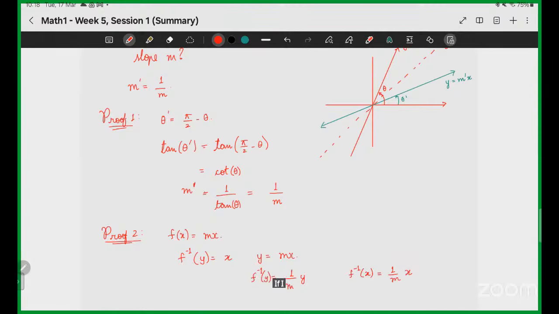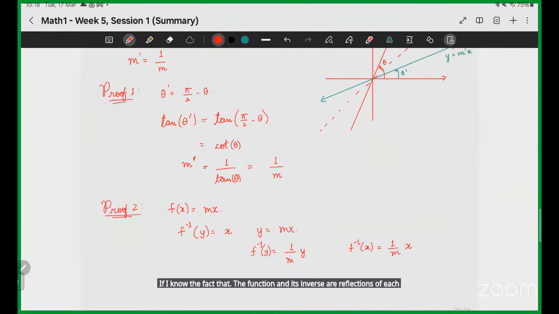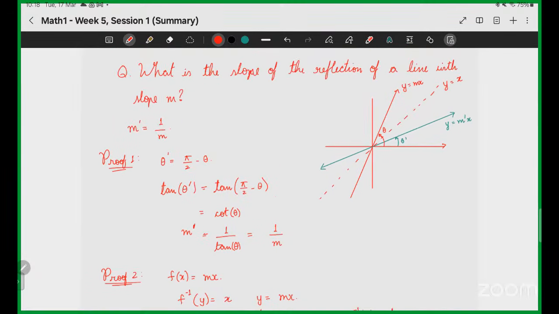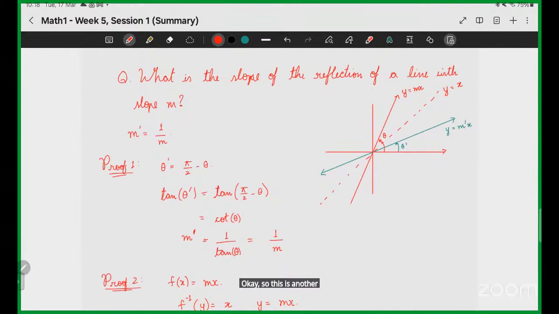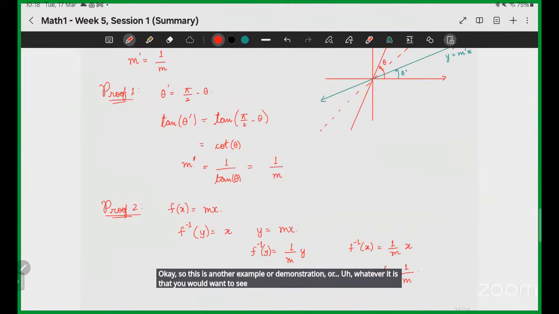If I know the fact that the function and its inverse are reflections of each other, this also you can use to conclude that m prime is equal to 1 by m. So this is another demonstration of why.